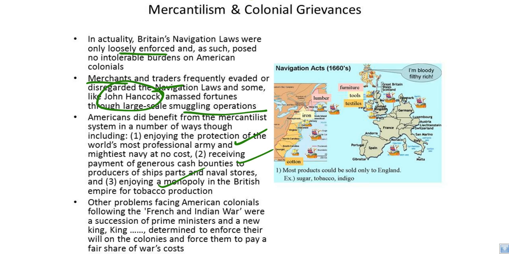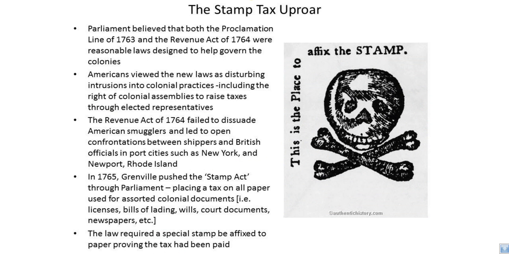Americans did benefit from the mercantilist system in a number of ways, though, including enjoying the protection of the world's most professional army and mightiest navy at no cost, receiving payment for generous cash bounties and producers of ships' parts and naval stores, and enjoying a virtual monopoly in the British Empire for tobacco production.